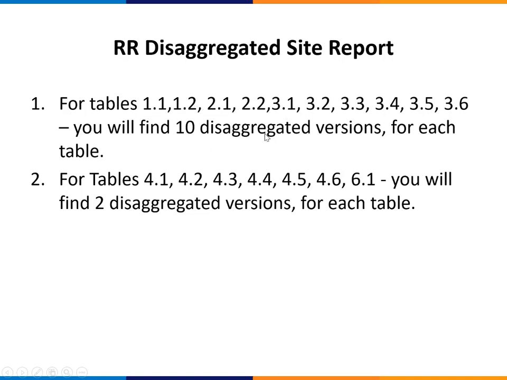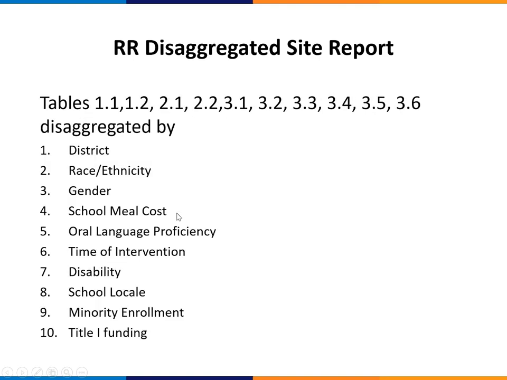So there are 10 disaggregated tables for each of them, and so on and so forth. For tables 4.1 through 4.6 and 6.1, you will find 2 disaggregated versions for each table.